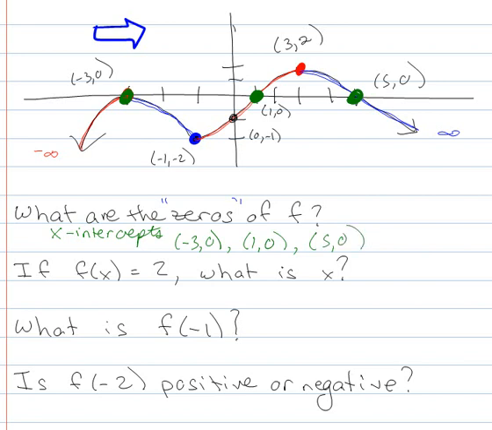All right, so if f of x is 2, what is x? Remember, if f of x is 2, this is your y value. So another way of saying this is, if y equals 2, what is x? We go look at our points. We want to find the point where y will be 2.